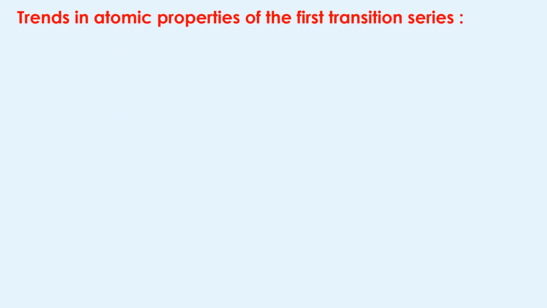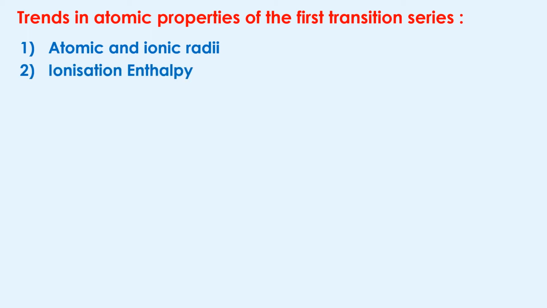Next, we have to see some trends in atomic properties of your first transition series. Which atomic properties do we cover in this trend? First is atomic and ionic radii. Second is ionization enthalpy. Third is metallic character.